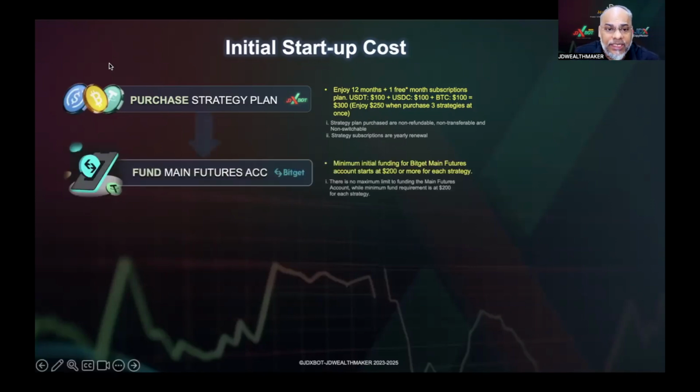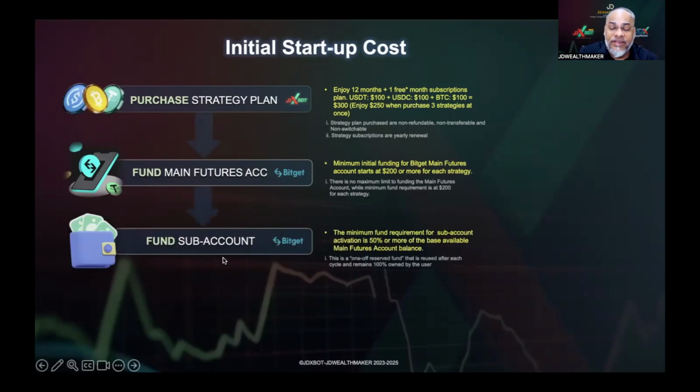Now, the next cost involved is the main futures account. You need to fund your main futures account in Bitcoin. As I mentioned, for each strategy the minimum is $200. So if you buy 3 strategies, that will be $600. Then you also have to fund your sub account. The sub account will be 50% of your main futures account fund. So if your main account is $1,000, make sure your sub account is 500, or else your bot will not get activated.